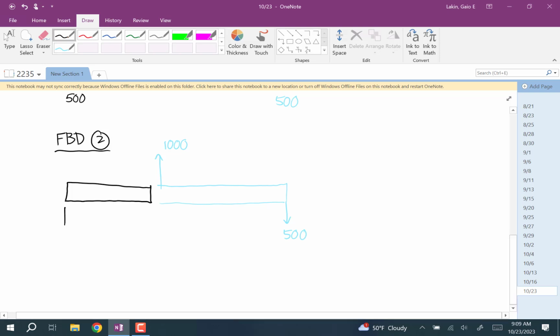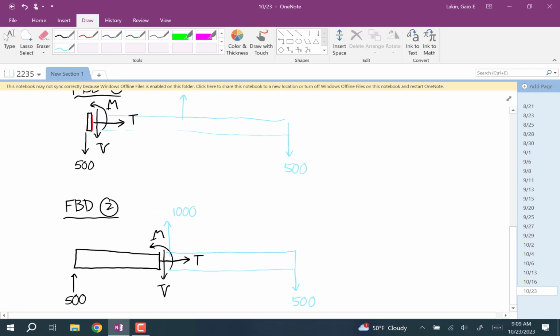We still have the 500 here, and we still have the weld joint here, the internal loads T, V, and M.